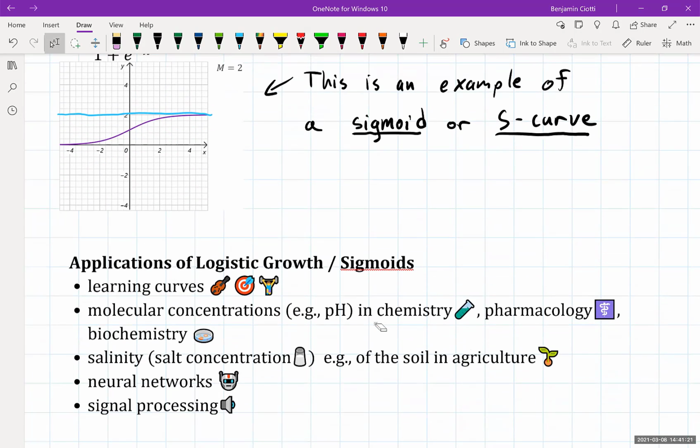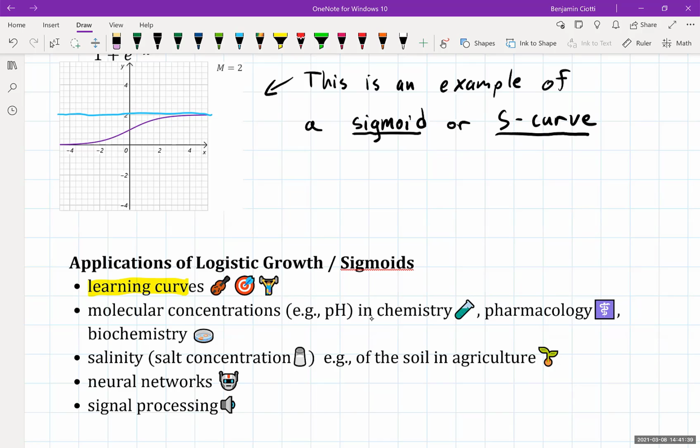And as I said at the beginning of this lecture, there are a lot of applications of logistic growth models or sigmoids, for example, learning curves. Let's say you're trying to learn how to play the violin or archery, or even lifting weights.